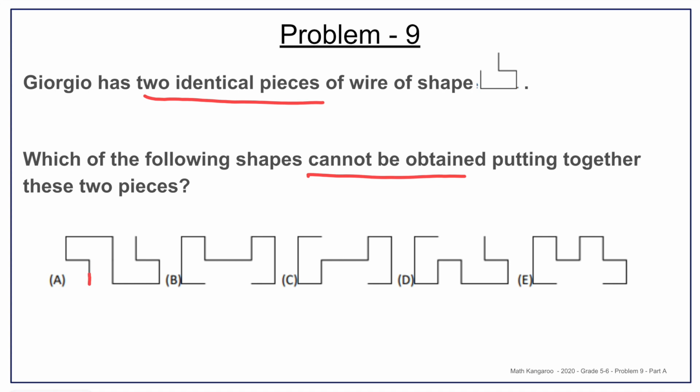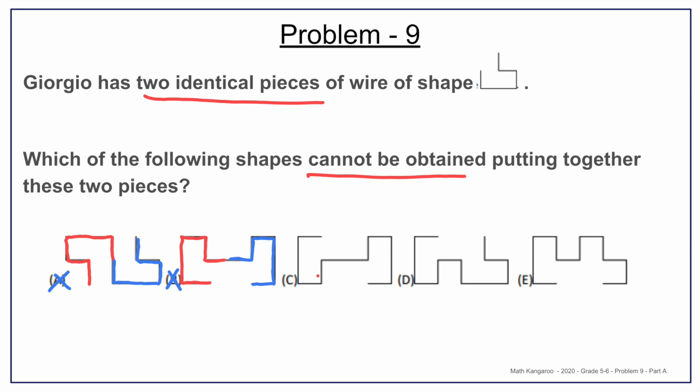So this wire shape can be made into here, and this wire shape can be produced here. So this is possible. So this is not our answer. We can form a shape using here, and we can have another wire shape like this. So this is possible. Again, option B is not our answer.